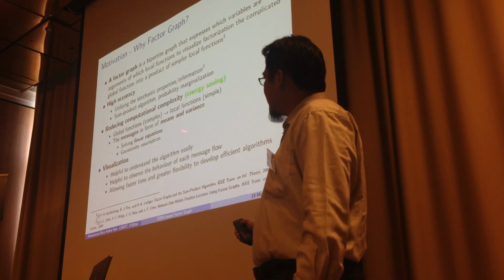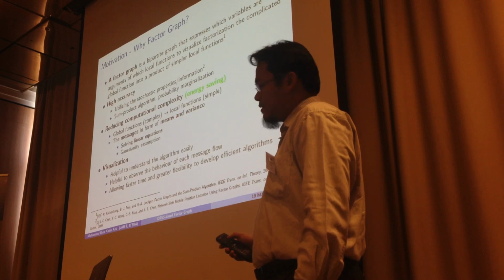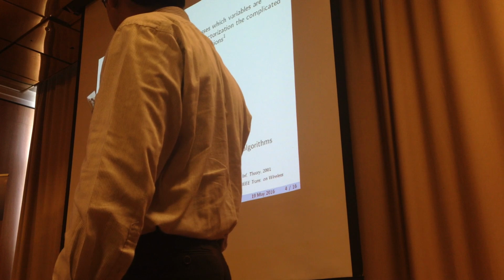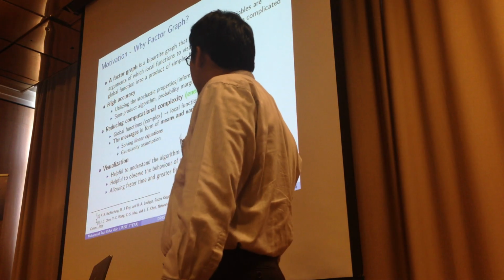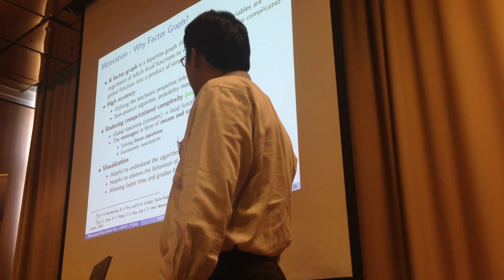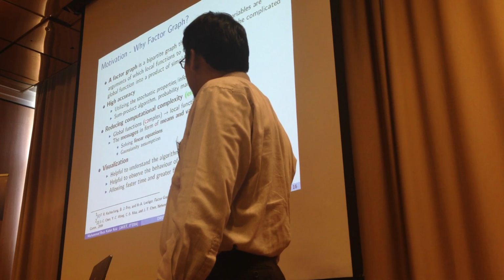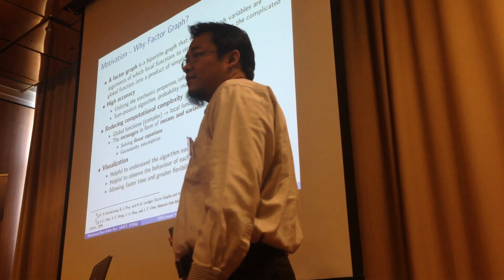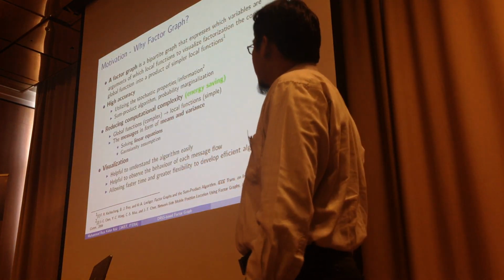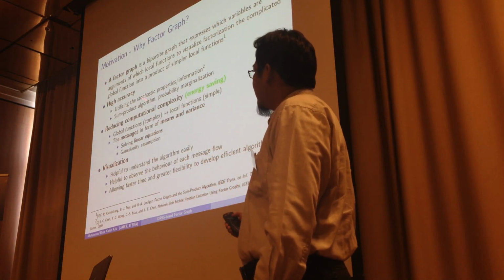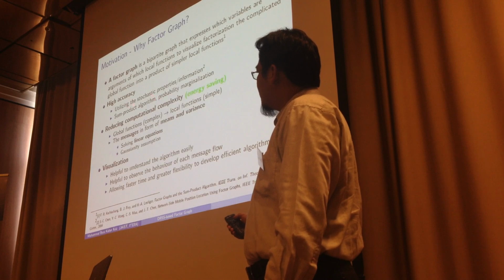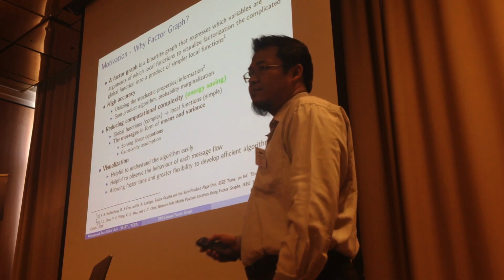By using the mean and variance, we also reduce the complexity of the processing, and also the factor graph can factor the global function into local functions, from complex to simple. Then the utilization of the stochastic properties is done by the sum product algorithm.